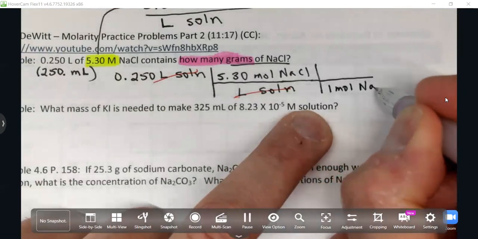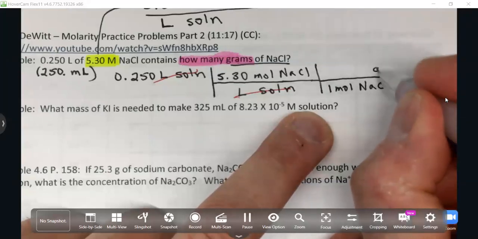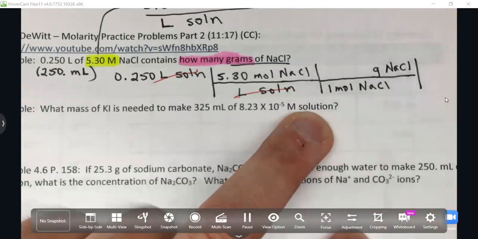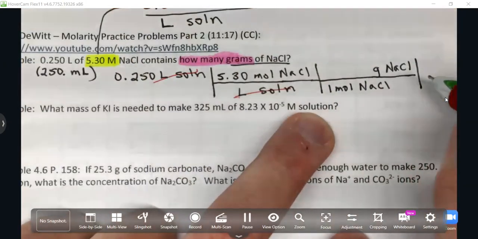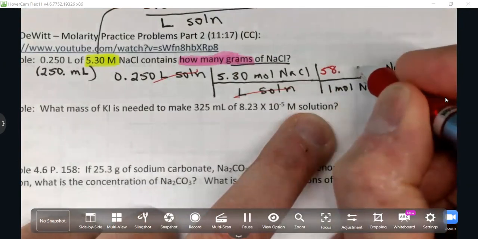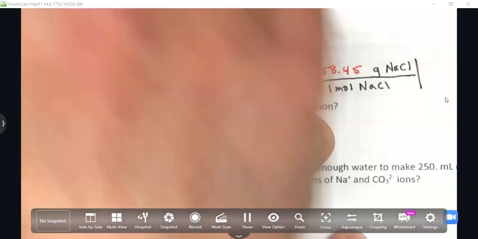We have 1 mole of NaCl. How many grams? What's the molar mass there? 58.45.